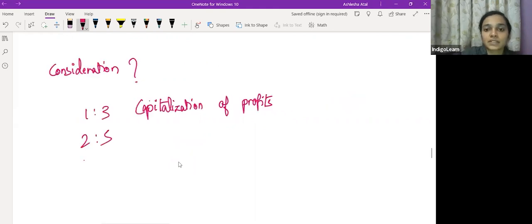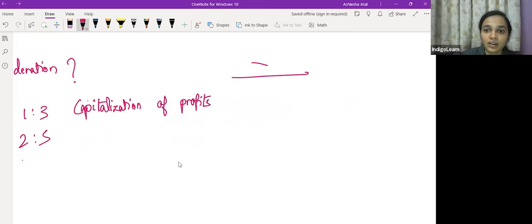So what happens is, say आपका share capital है, equity share capital, say 10 lakhs.